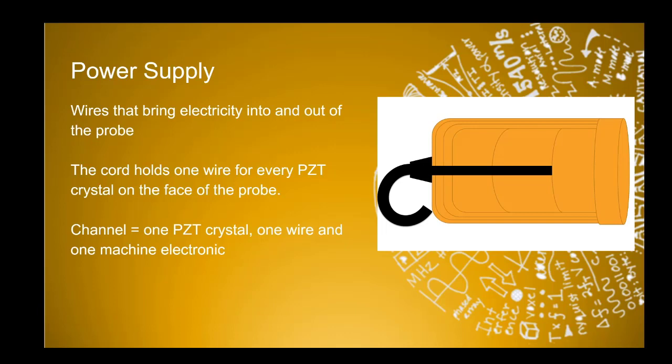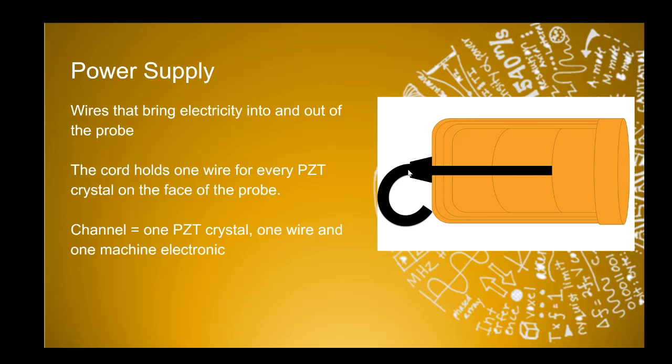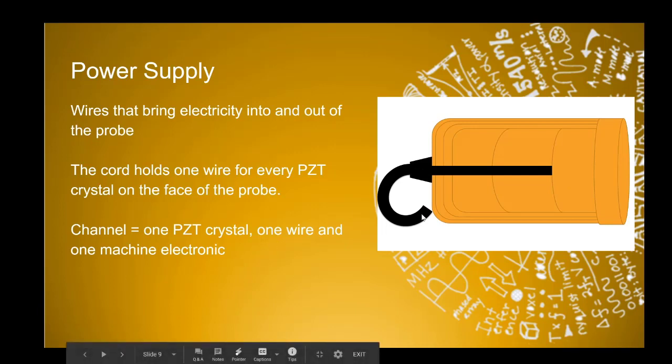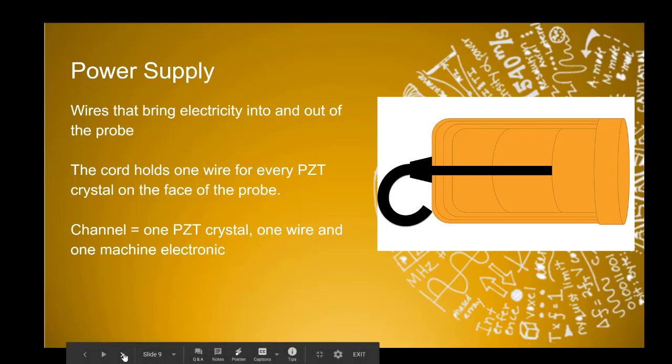And that is why it is so important that we really take care of our cords, make sure that they're not on the ground, that we're not rolling over them, because if one of those wires gets damaged, that means one of our crystals is damaged. And as our crystals get damaged, it degrades our pictures. So a channel is going to consist of one PZT crystal, one wire, and a machine electronic component that it connects back to. That wire then is responsible for bringing electricity in and bringing electricity back out for processing.